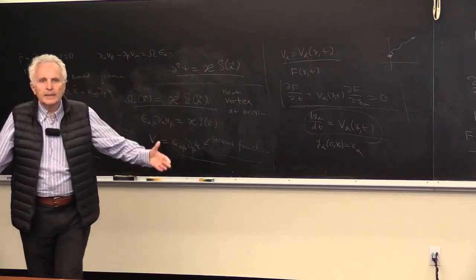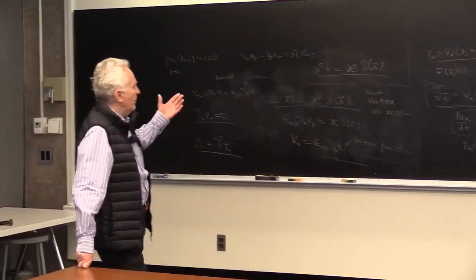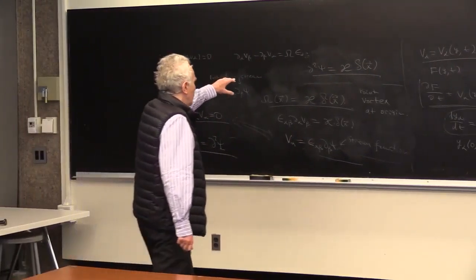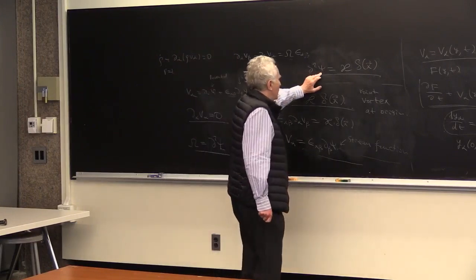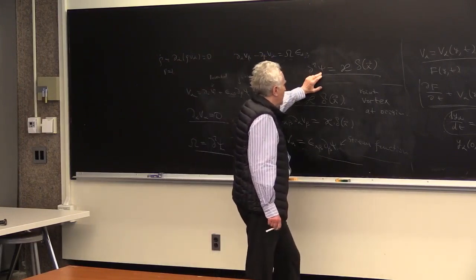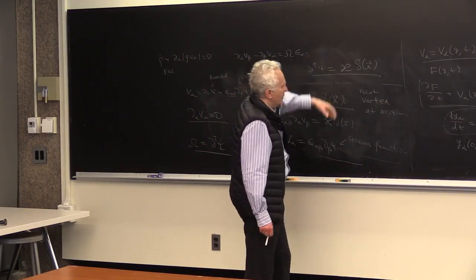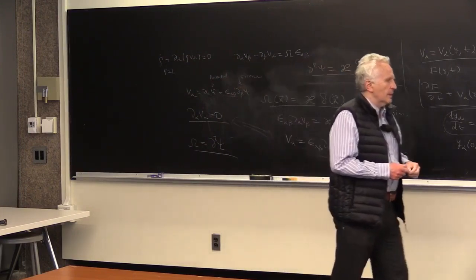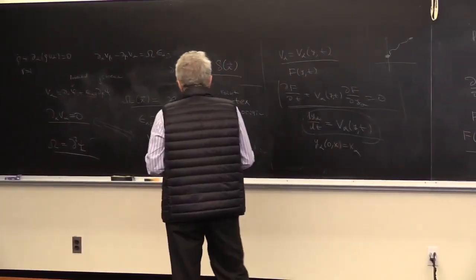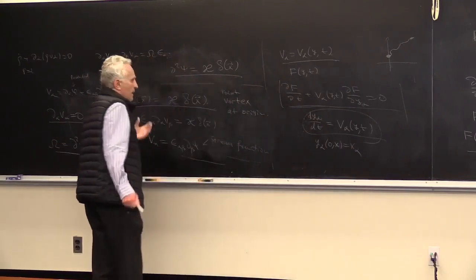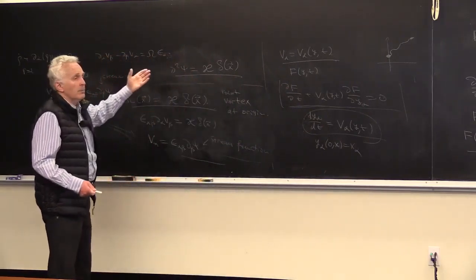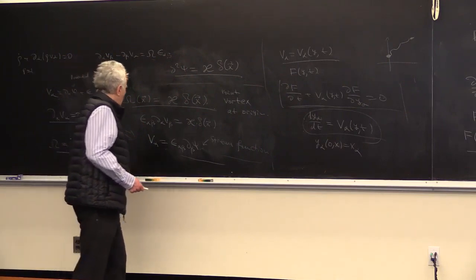And this is electrostatics, practically. If you consider psi as a potential, then this is the electric charge, and that's the point-like charge. That's the Poisson equation.